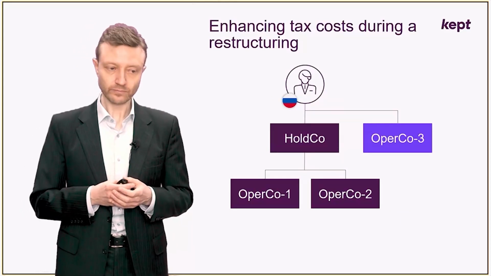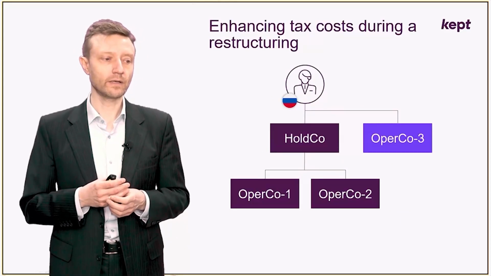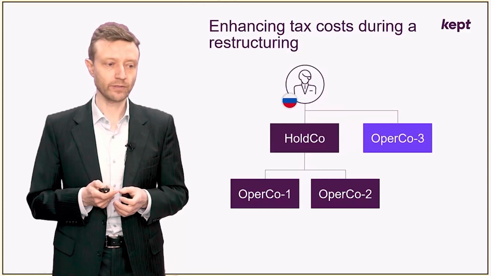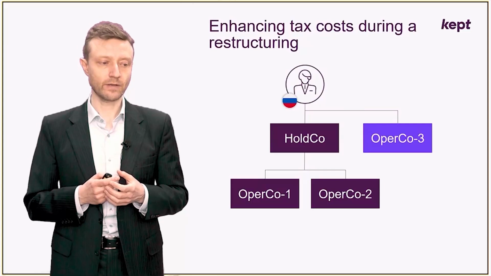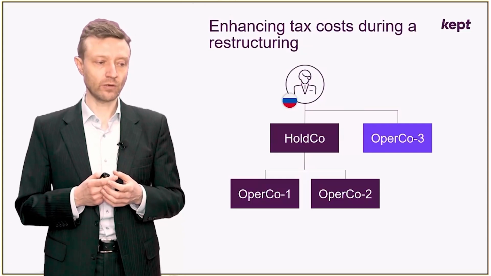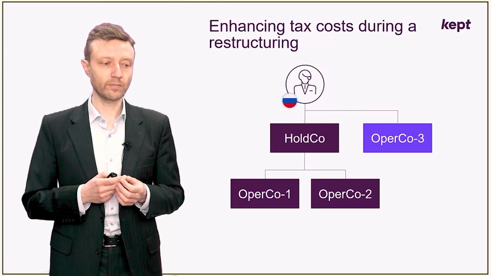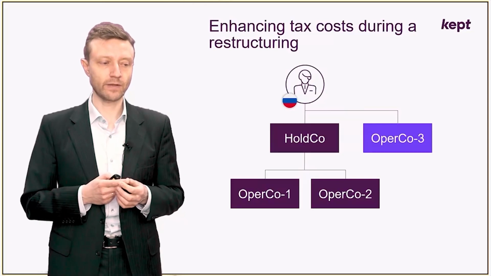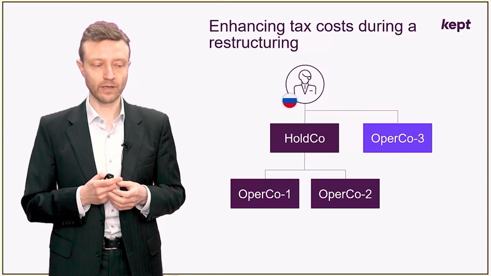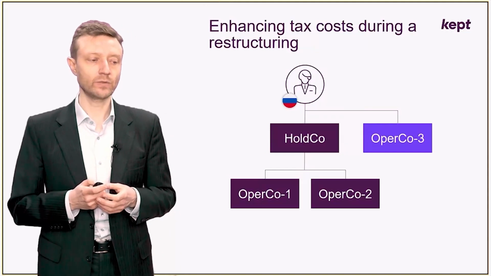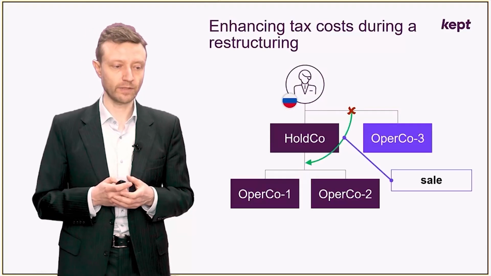Another example. It is possible to increase tax costs during a restructuring, and here on this slide there is a structure with a Russian shareholder which owns a holding company with 2 operating subsidiaries, and the shareholder owns directly another operating company 3, which needs to be transferred to the holding company.